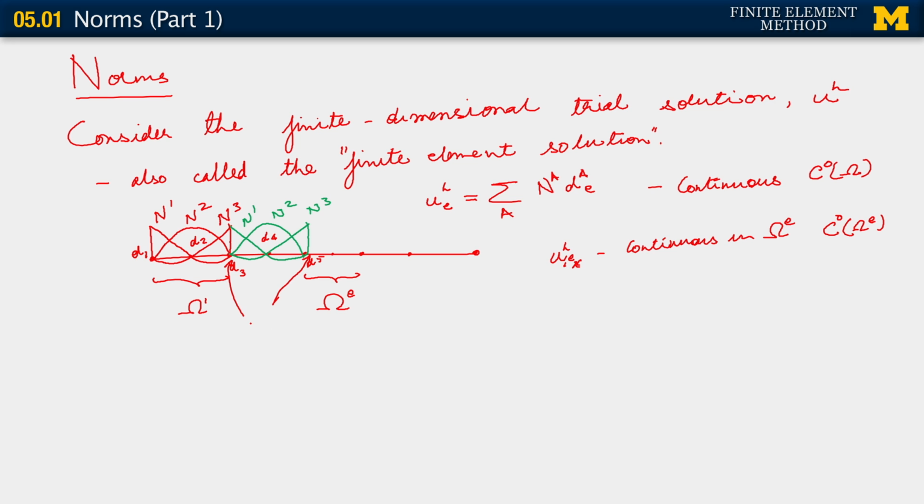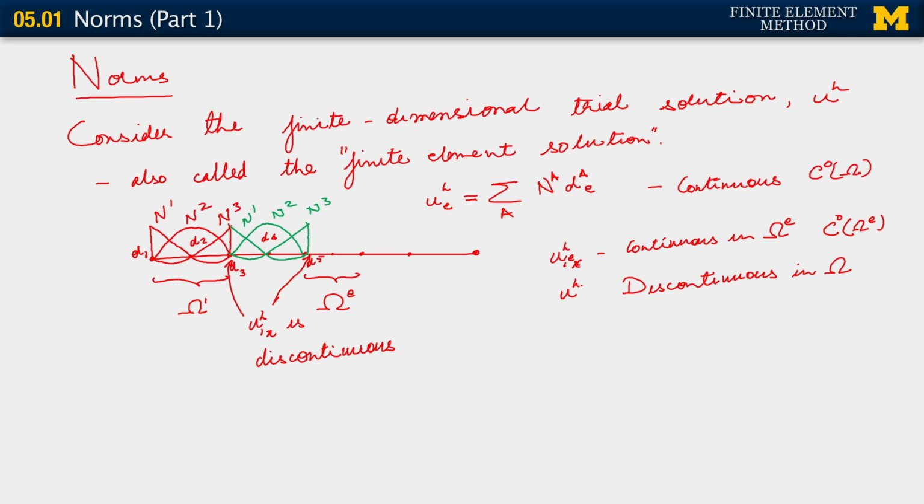What we will see is that U_h comma x is discontinuous in all of omega.